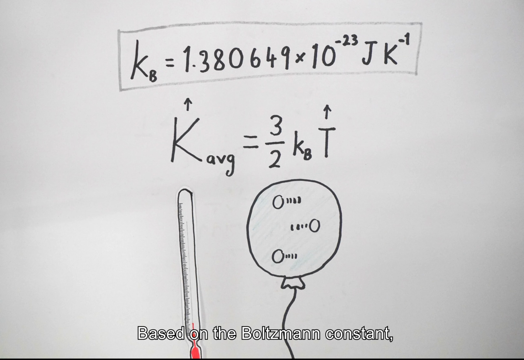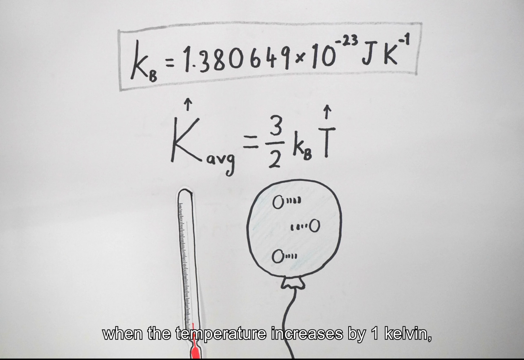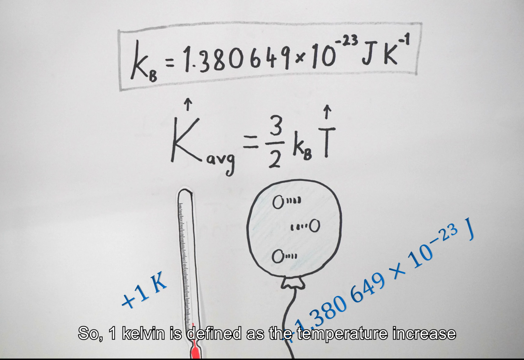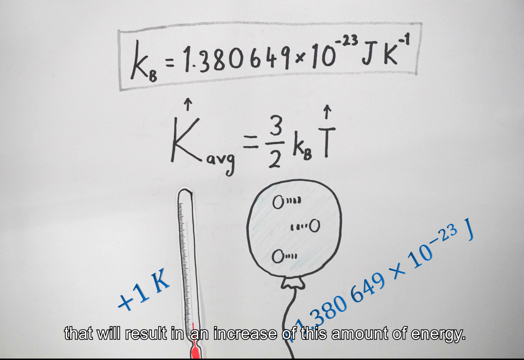Based on the Boltzmann constant, when the temperature increases by 1 Kelvin, the average kinetic energy will increase by 1.380649 times 10 to the power of negative 23 joule. So, 1 Kelvin is defined as the temperature increase that will result in an increase of this amount of energy.